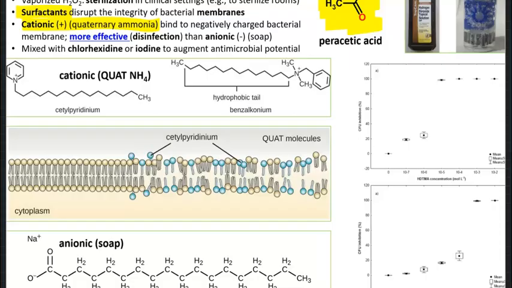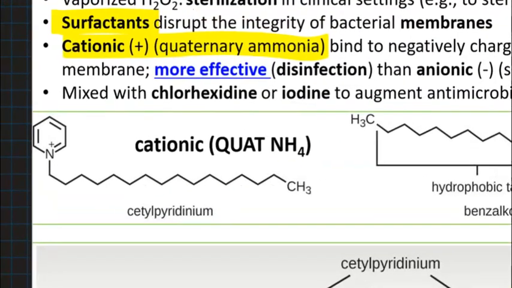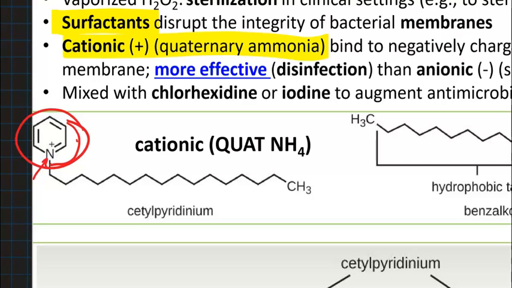So how do they work? If you look at this guy, acetylpyridinium, it has a positively charged head with the nitrogen atom that has 4 bonds. I'm not going to ask about 4 bonds, don't worry. This is what I refer to when I say quaternary ammonia.